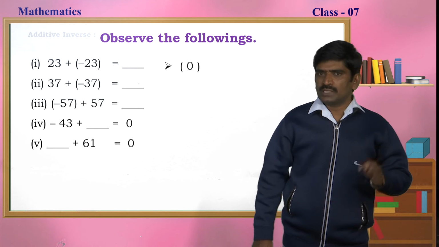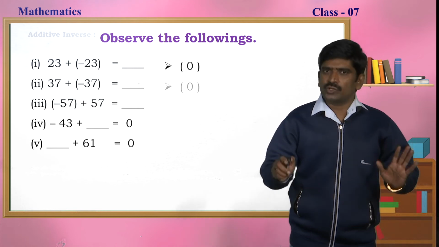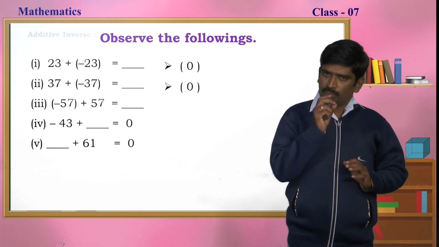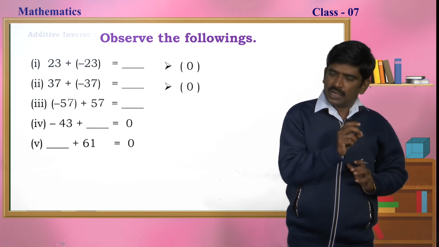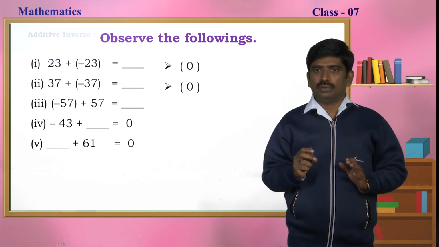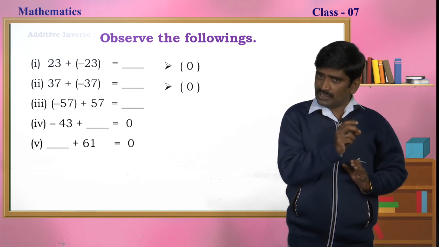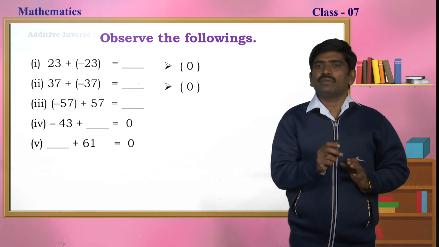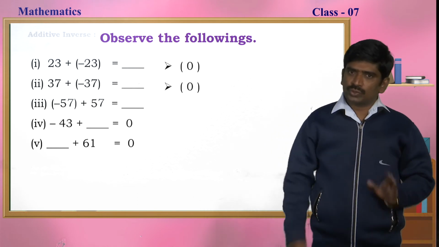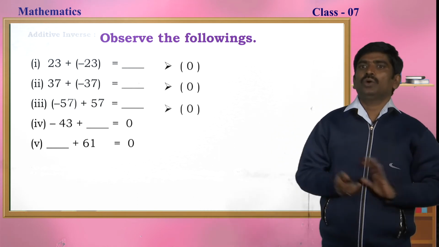Then what is the sum of these two? It is also 0. Next, third one, minus 57, additive inverse is plus 57. The sum of these two is also 0.